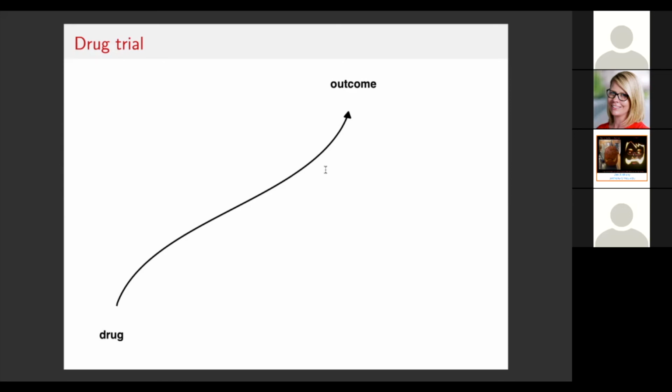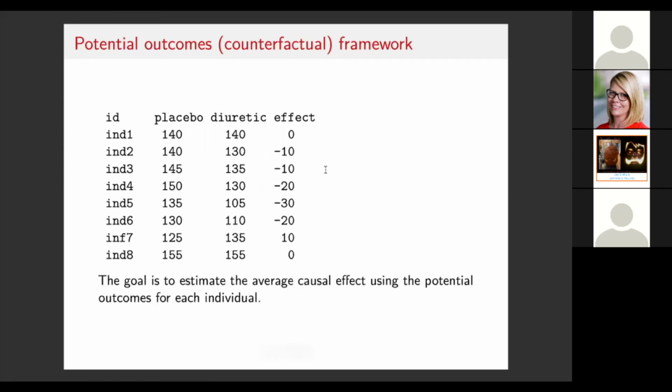And so here, let's look at a scenario. There are 8 individuals, and I have a diuretic, that's my drug or treatment, and I want to see whether it affects blood pressure or not, systolic blood pressure measured in millimeters of mercury.